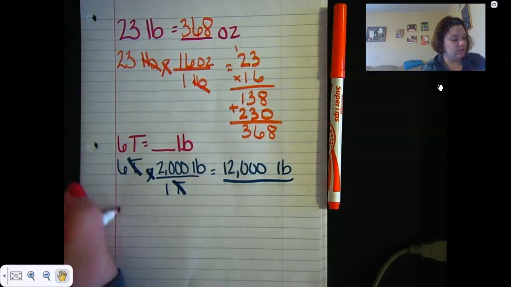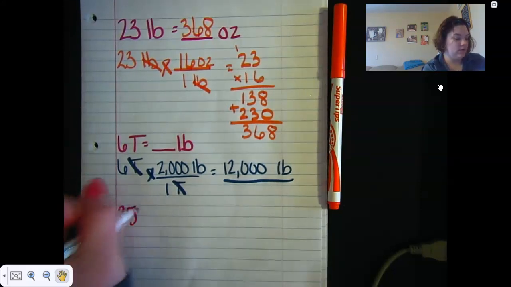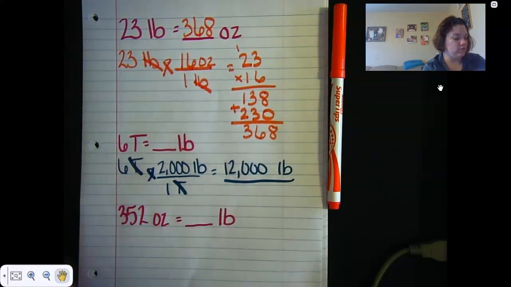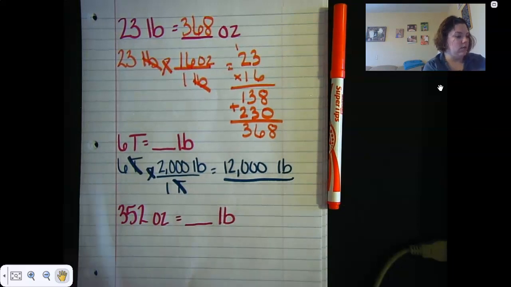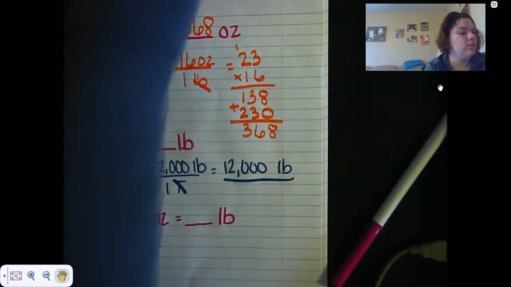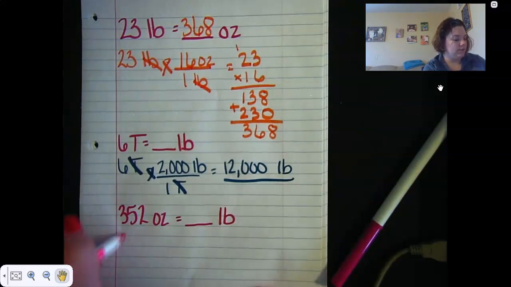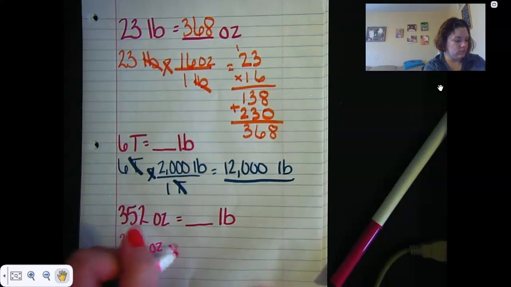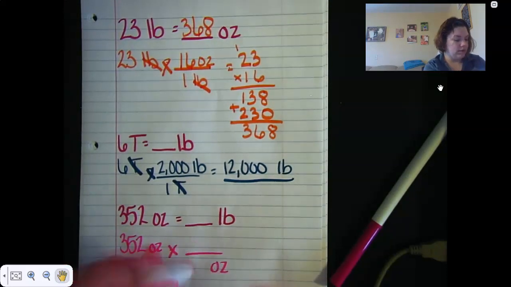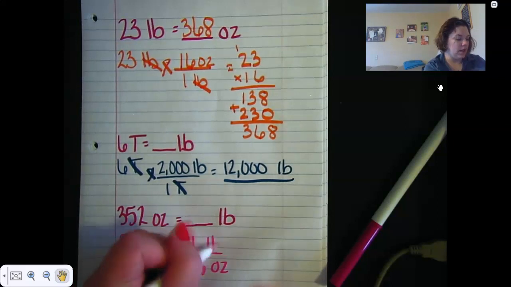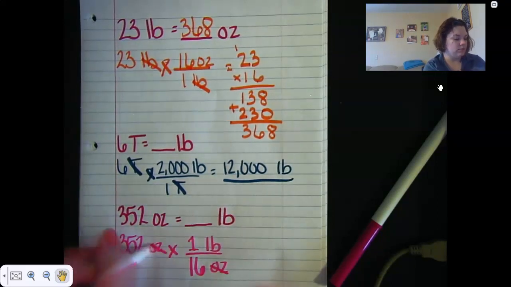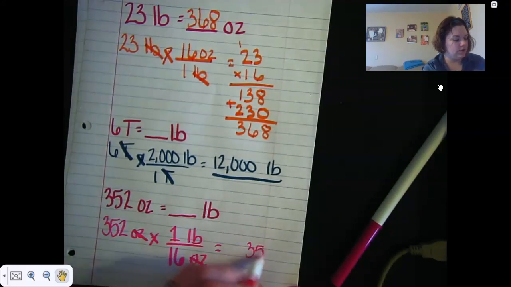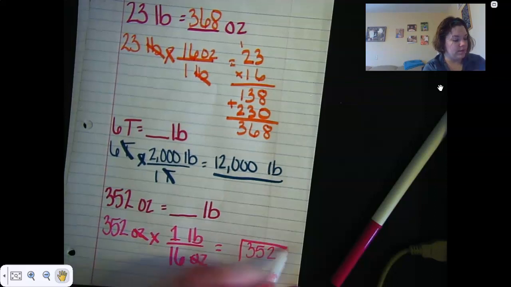Okay, so let's say we have 352 ounces, and they want to go to pounds. Okay, well, we're going to start with 352 ounces. Down here, we know that there's 16 ounces in 1 pound. Cross out. So that's actually going to be 352 divided by 16.